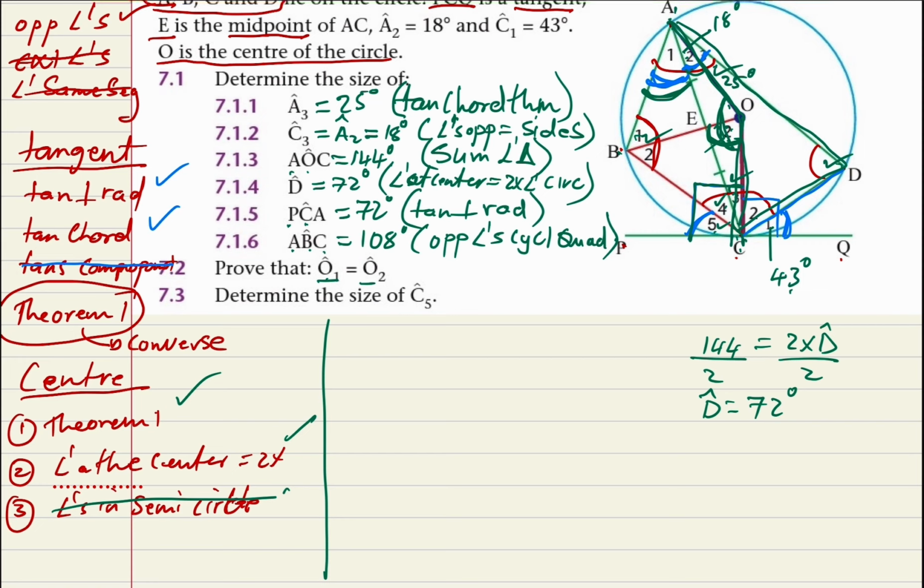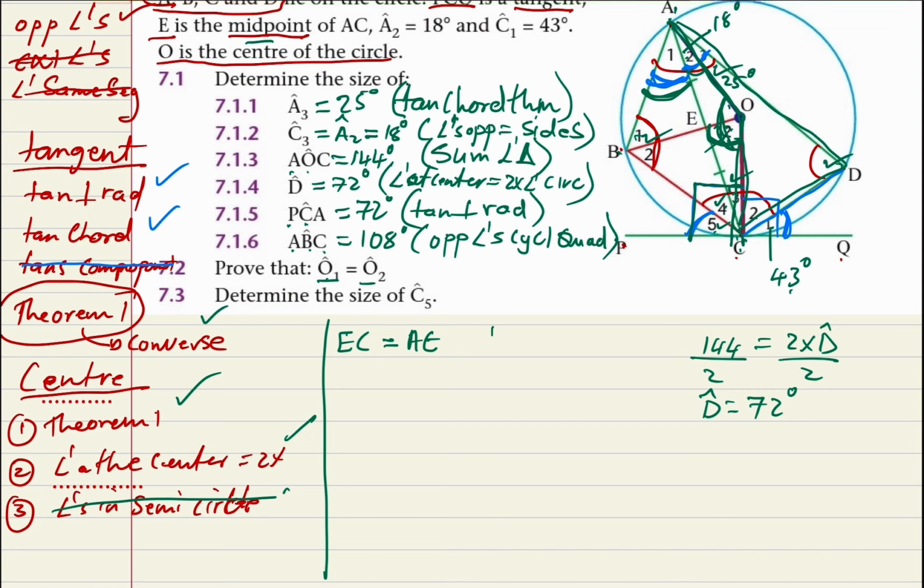How can I prove that one? Remember, we said the converse, and they told us about the midpoint. Do you remember that one? So what are you going to say? You are going to say, since EC is equals to AE, why are they equal?